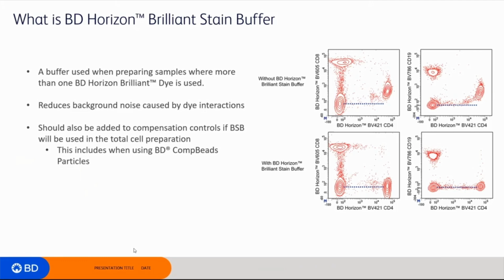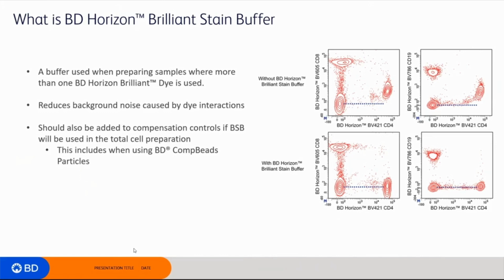But as you can see in the top dot plot, where no Brilliant Stain Buffer was used, the cells appear to be undercompensated. But like I mentioned before, these are correctly compensated. But when you add in the Brilliant Stain Buffer, and you can see in the bottom row, the artifact or the higher background goes away.